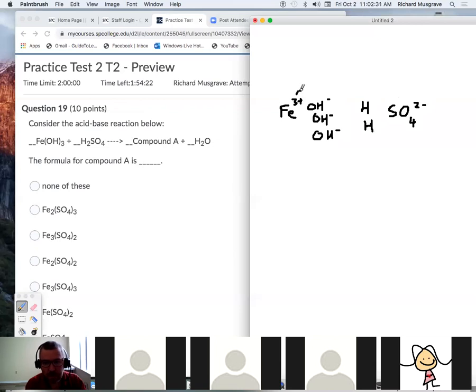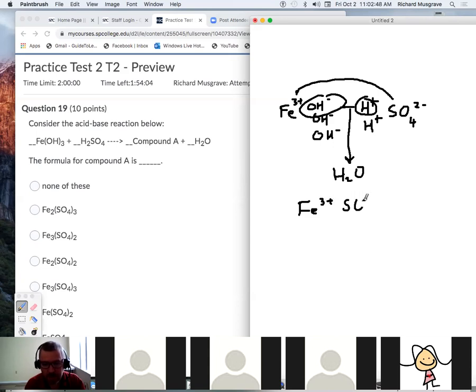So we know it's the Fe3 plus that's joining with the SO42 minus. The H plus and the OH minus go together to give water. And it's the Fe3 plus and SO42 minus that we're interested in combination-wise, which would be Fe2(SO4)3. That would be the answer we'd be looking for.